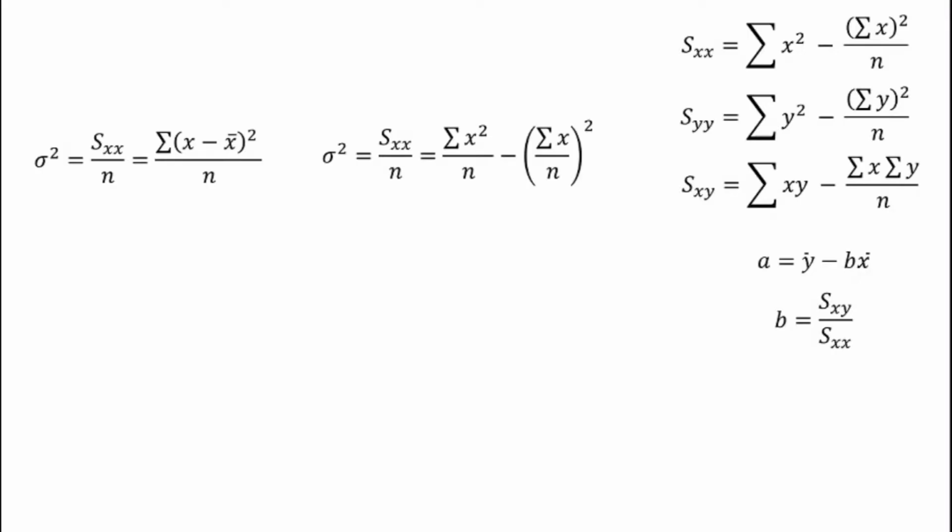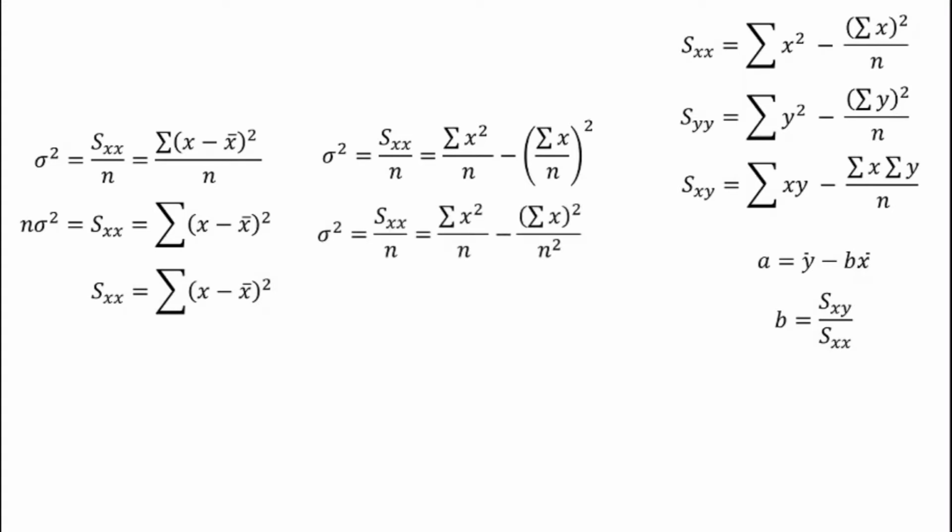If we make S of XX the subject by multiplying through by N, we get two different descriptors for S of XX. One from the original variance formula and one from the alternate variance formula.